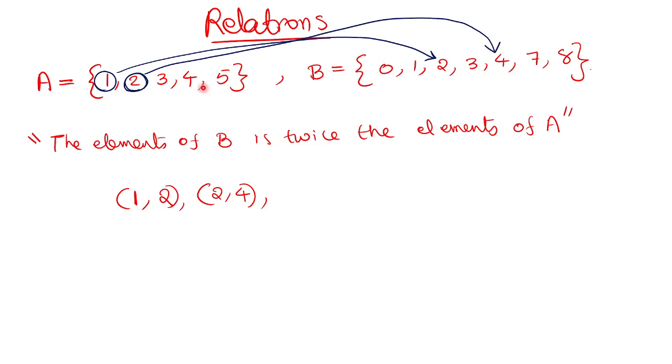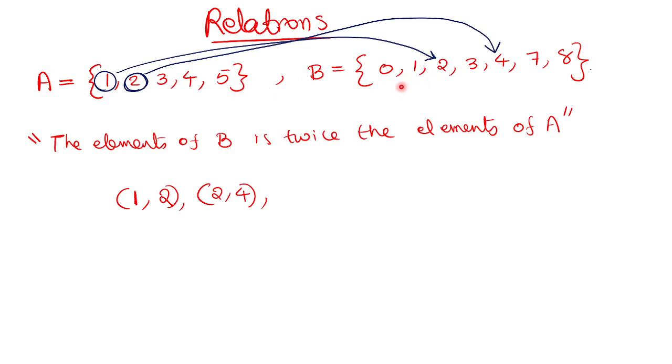3, under this condition, the double of 3 is 6. So 3 is actually related to 6, but there is no such number 6 in B. Double of 3 is actually 6, that I agree, but 6 is not available. So I cannot write 3, 6.